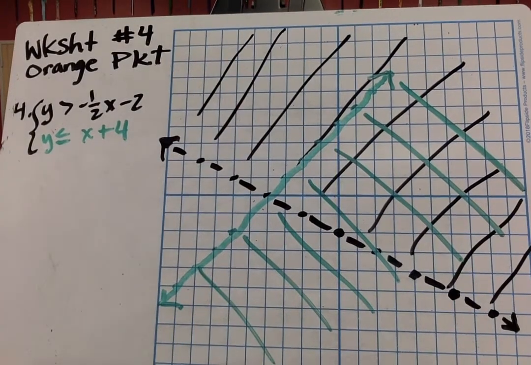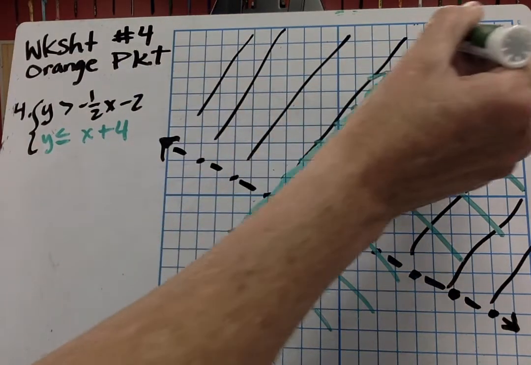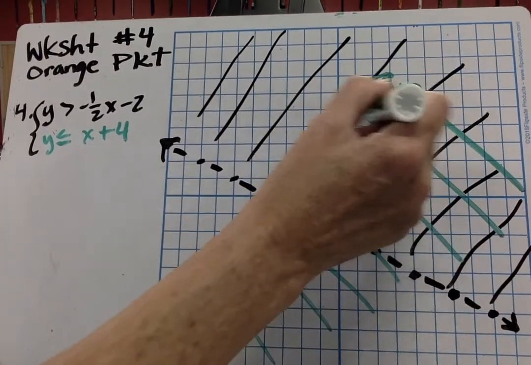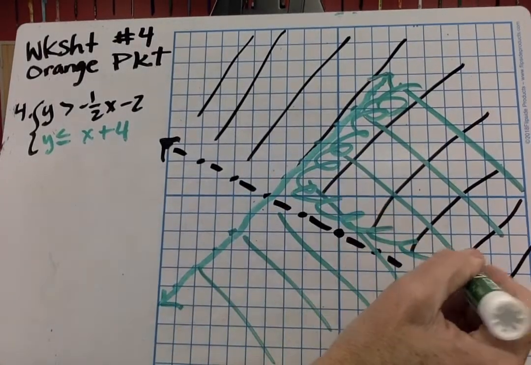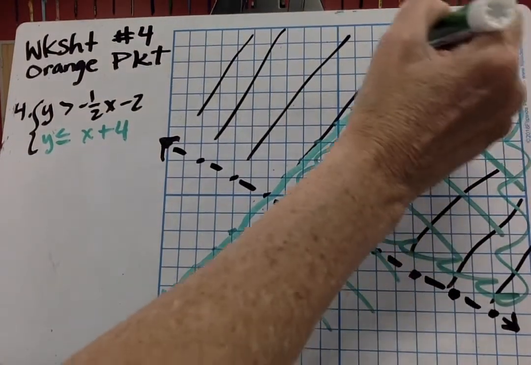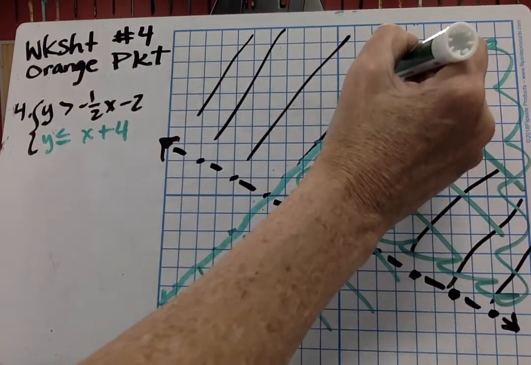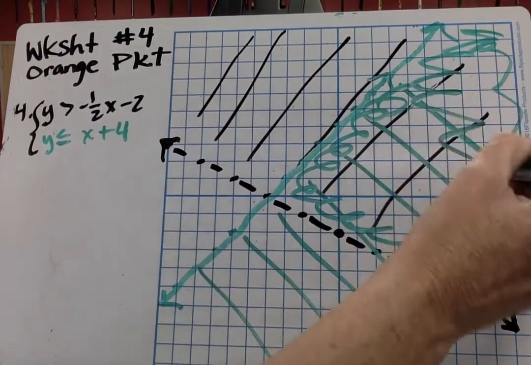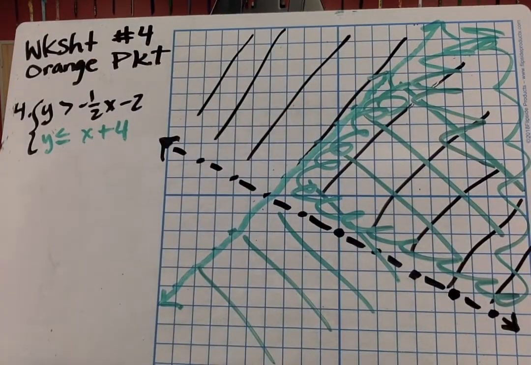Okay? So, it says to circle the solution set. So for me, the solution set is going to be, here's the line here, and it's going to be everything here. And this line continues up here. So it would go up to the line.